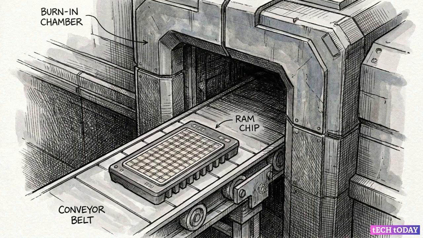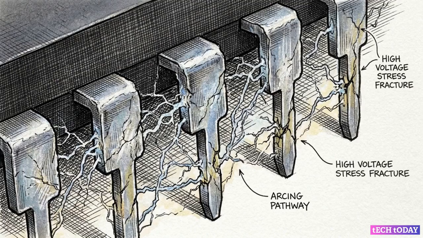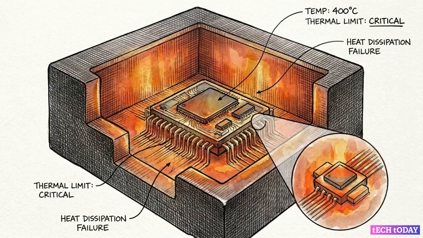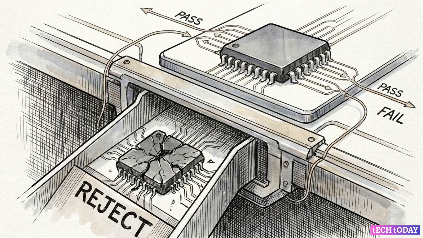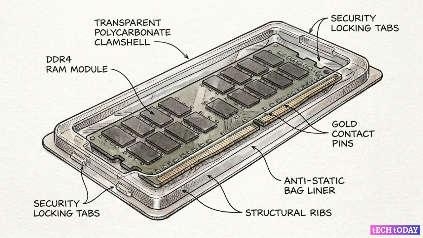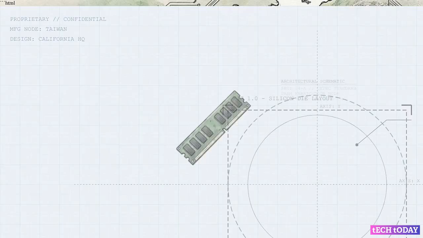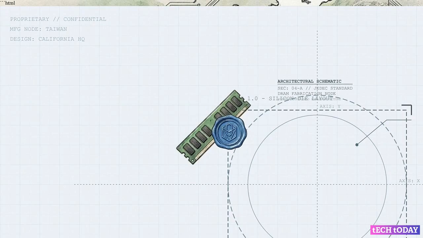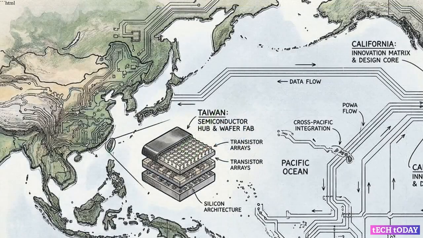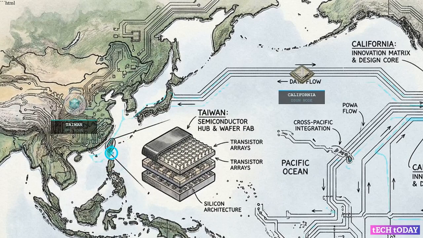Surviving chips enter burn-in testing, subjected to extreme voltages and severe thermal limits. The goal is to force weak silicon to fail immediately in the factory, guaranteeing it won't fail in a user's PC. Throughout this entire life cycle, the designs adhere to JEDEC standards. This ensures that a memory module fabricated in Taiwan interfaces flawlessly with a CPU designed in California.